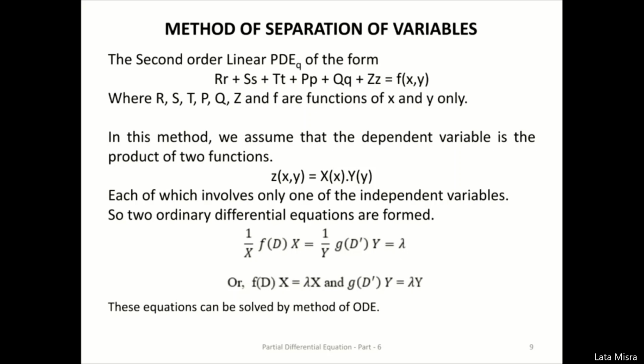So here we get two ordinary differential equations with a constant lambda, and after solving these ordinary differential equations we find the solution of capital X and the solution of capital Y, and we use these values in z equals capital X capital Y, and this is the solution of the given partial differential equation by the method of separation of variables.